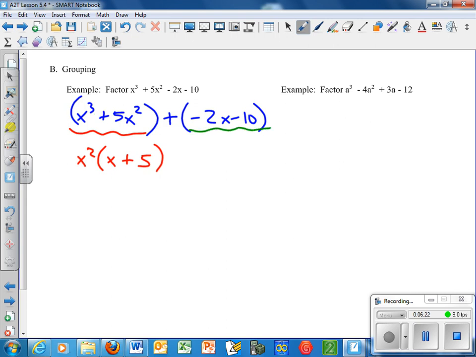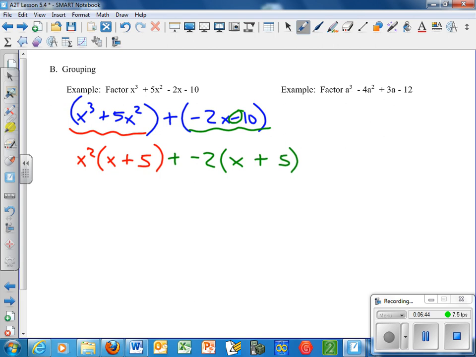You can't take a variable out because there is no variable on the 10, but I can take out a negative 2. So I'm going to write it as plus negative 2, and if I take the negative 2 out, I'm left with x. Factoring out a negative will change this sign right here to plus, and then 2 times what is equal to 10? That's got to be 5.